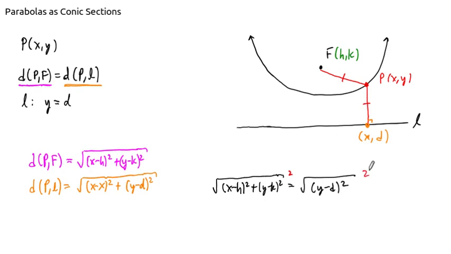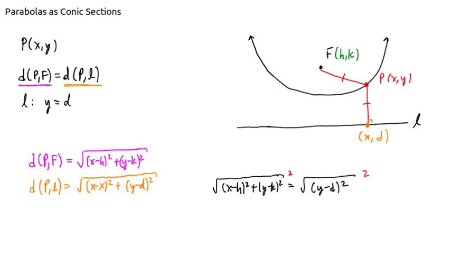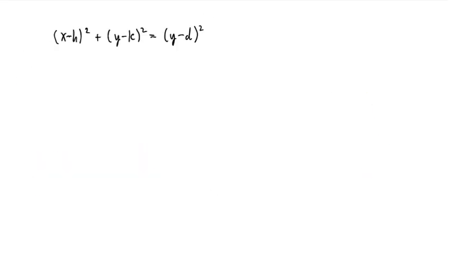I'm going to square both sides and go to a clean sheet of paper here. After squaring, we have (x minus h) squared plus (y minus k) squared should equal (y minus d) squared. All right, then let's multiply all this out and see what happens.